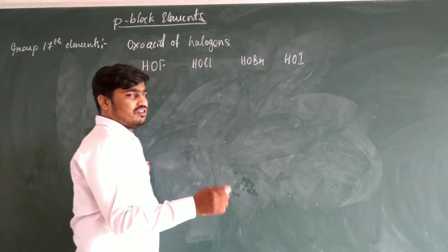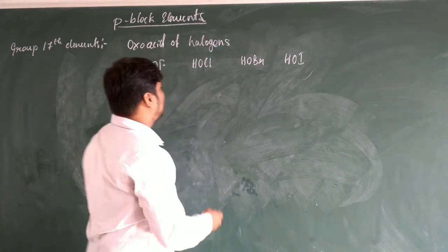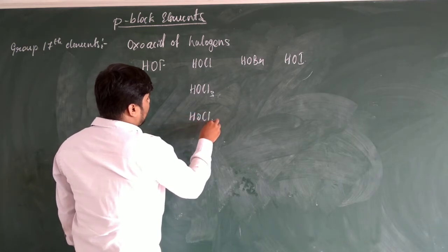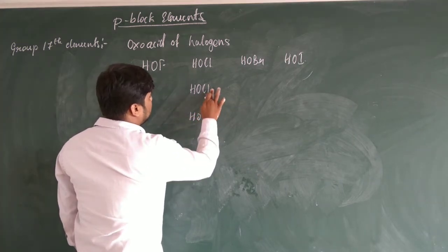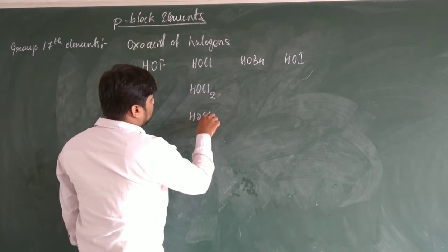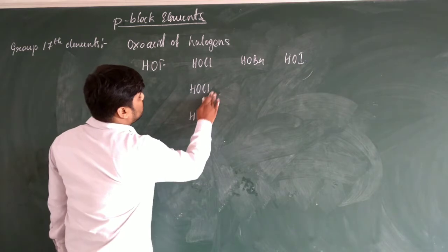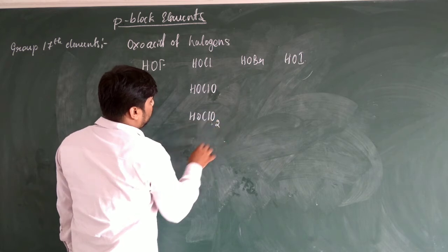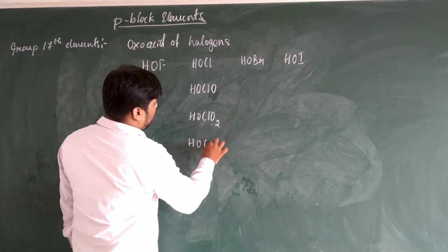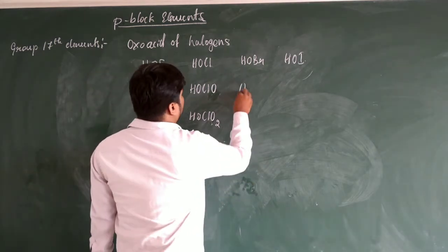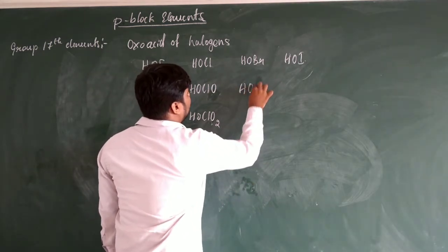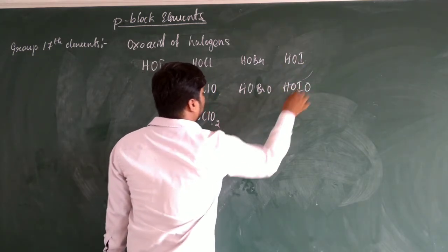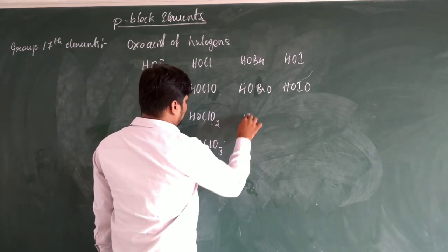Not only this much, because of the multiple oxidation states of halogen, they form other types: HOClO, HOClO2, HOClO3, and similarly HOBrO and HOIO, and here we observe another one, HOBr.